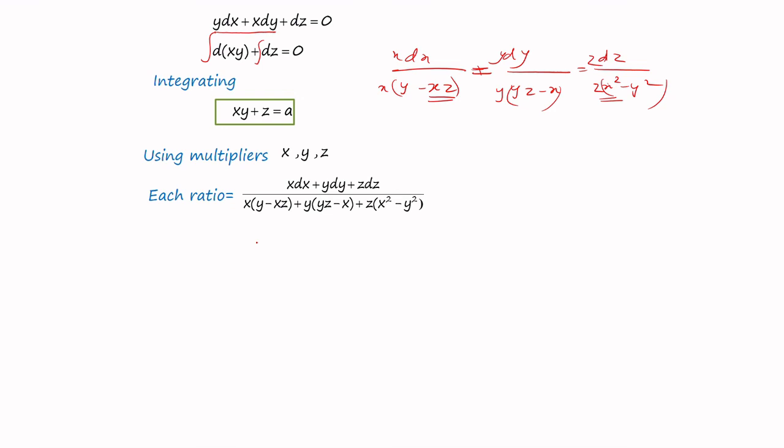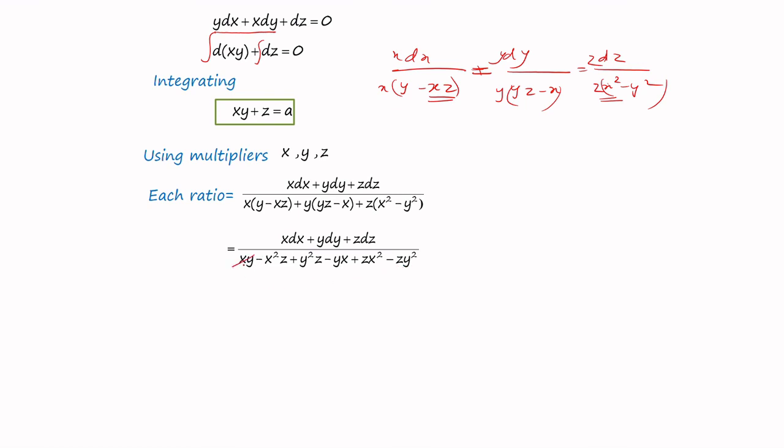Now we have to take this x, y, z inside: x dx plus y dy plus z dz divided by xy minus x squared, plus y squared, minus xy, plus x squared z, minus z y squared.